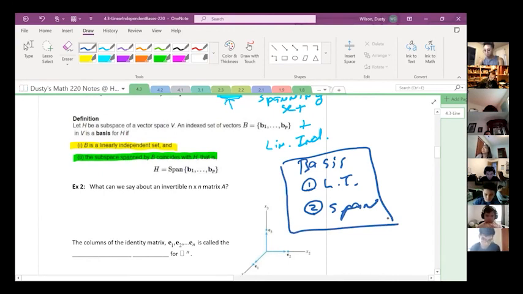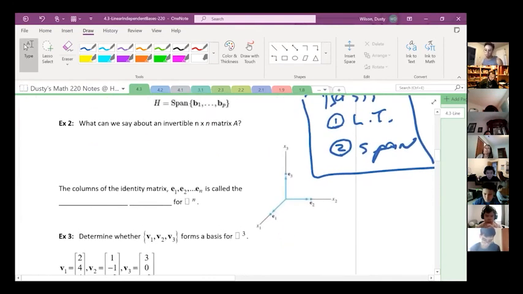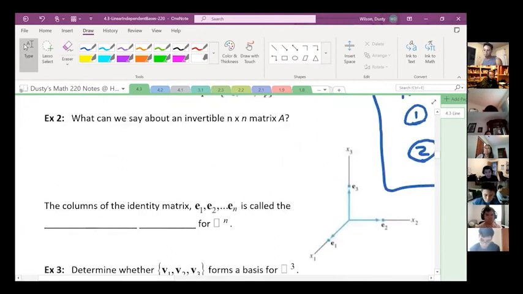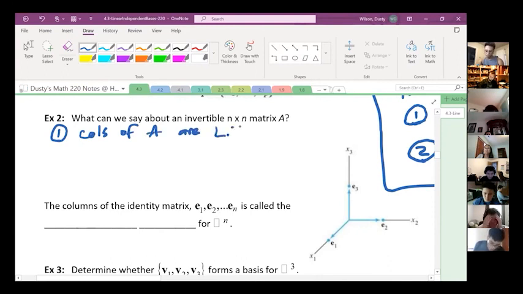So let's look at an example here. What can we say about an invertible matrix A that's n by n? First of all, we can say that the columns of A are linearly independent because you have a pivot in every column, right?